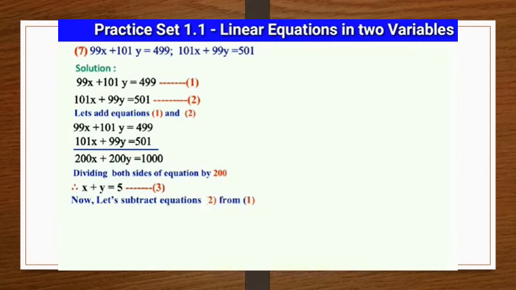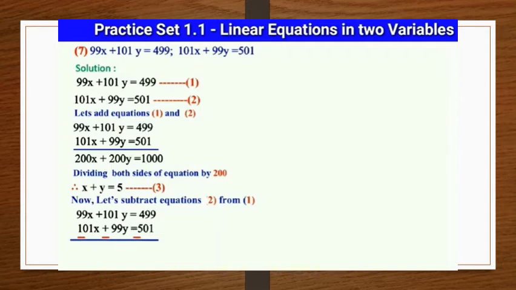Now let's subtract equation 2 from equation 1. 99x plus 101y is equal to 499. 101x plus 99y is equal to 501. When we subtract them, we have to place a subtraction sign below them.